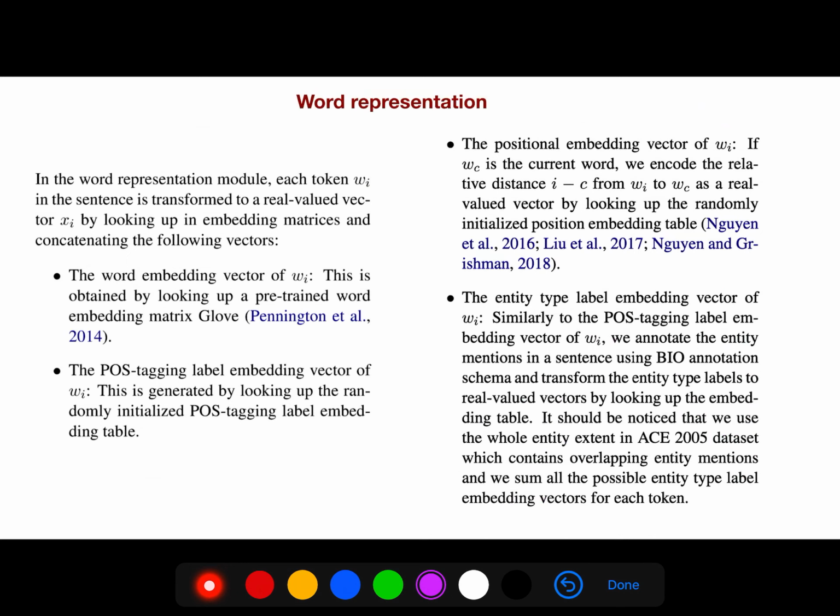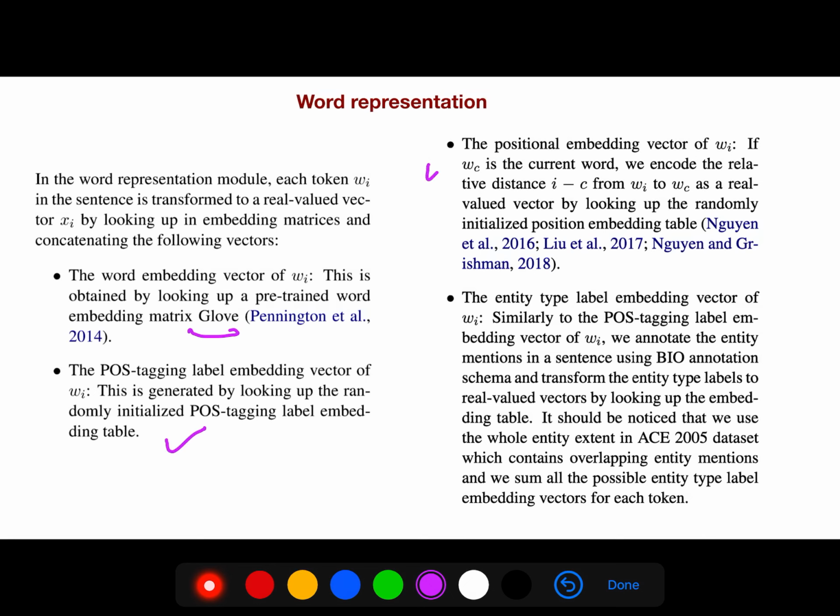For word embedding, you can use GloVe. You can also use part of speech because we are concatenating these features.